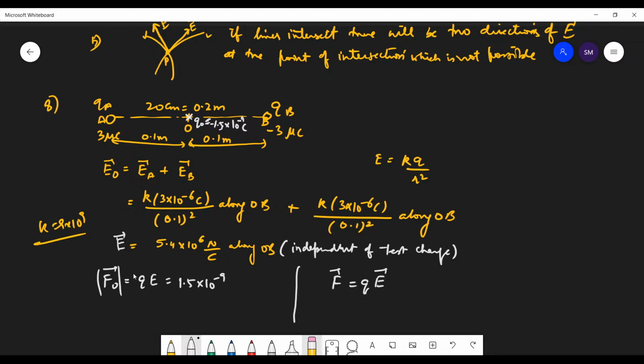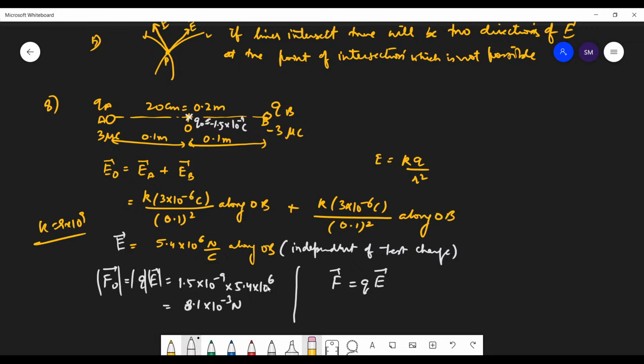When I take the magnitude, this is the magnitude of Q and also the magnitude of E. So 1.5 into 10 to the power minus 9 times 5.4 into 10 to the power 6, and this comes out to be 8.1 into 10 to the power minus 3 newtons.